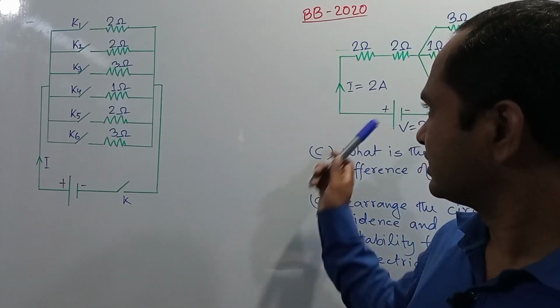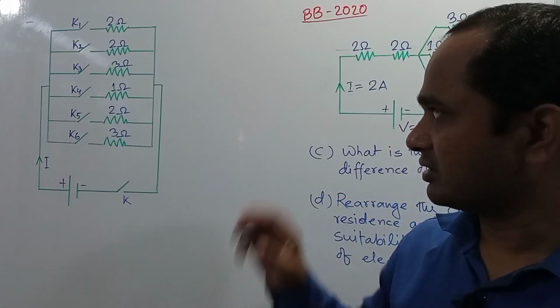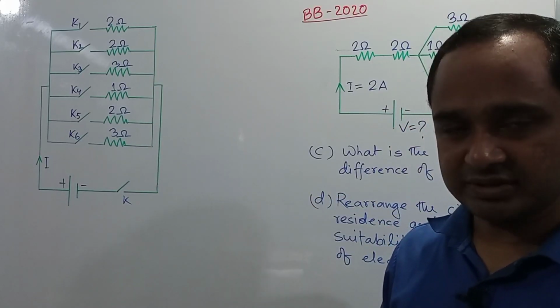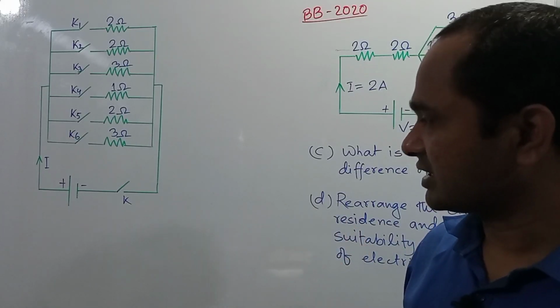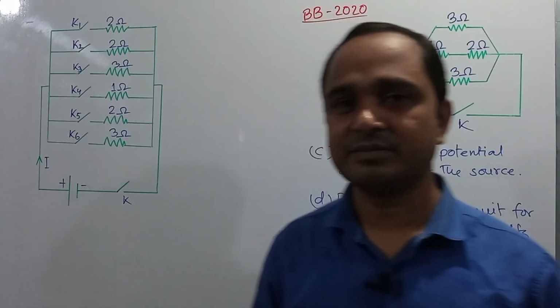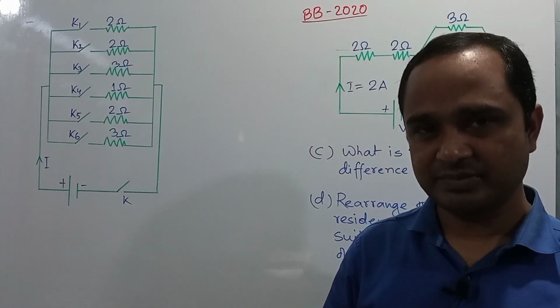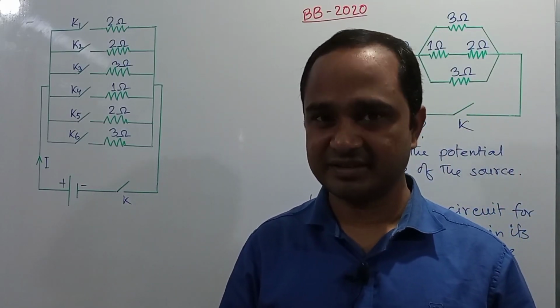That is, we have to rearrange the circuit this way, so that we can use or control every appliance individually. Dear student, this is the suitable circuit for the home appliance, because if we use all appliances at the same time it will be more expensive, and in most cases we do not need to use all the appliances at the same time.